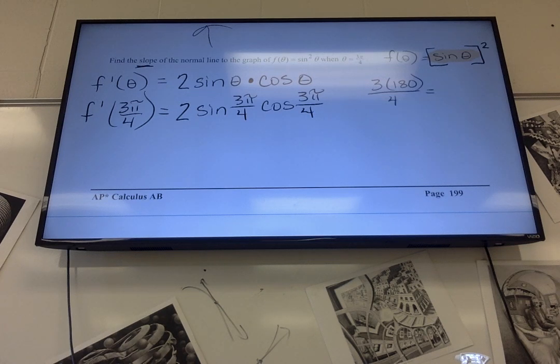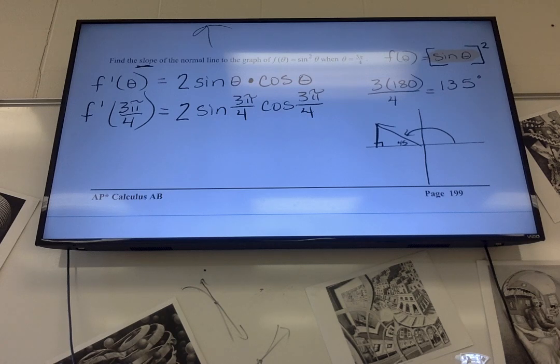I can just replace pi with 180. 4 goes into 180 45 times. 3 times 45 is 135. So that's really this triangle, and this reference angle is 45. So it's a 45, 45, 90.